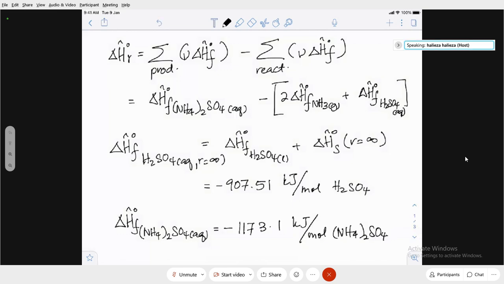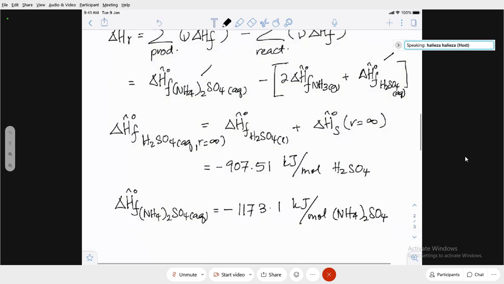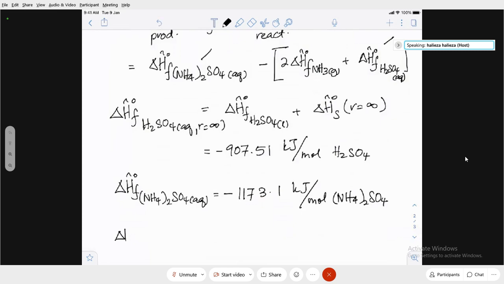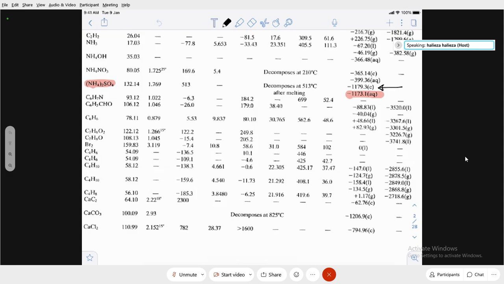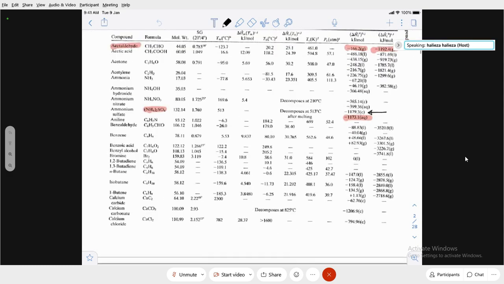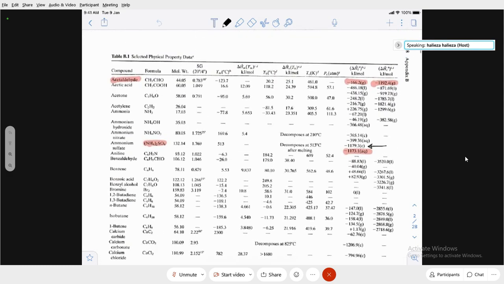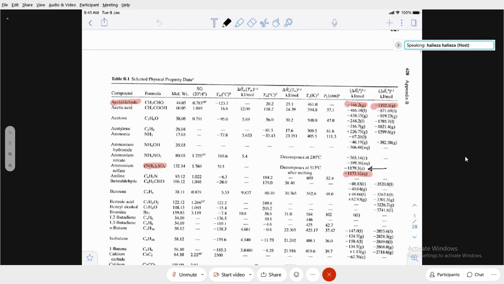Next, what do we need? We have that done. We have this. We need to get the heat of formation of ammonia gas. Again, we need to look it up in appendix B1. We're going to go to appendix B1 for ammonia. Where is ammonia? So ammonia is here.